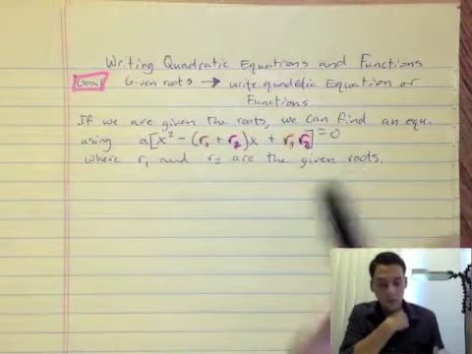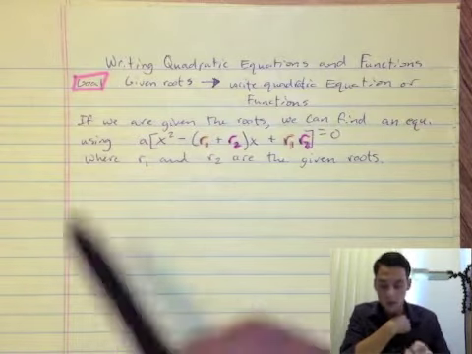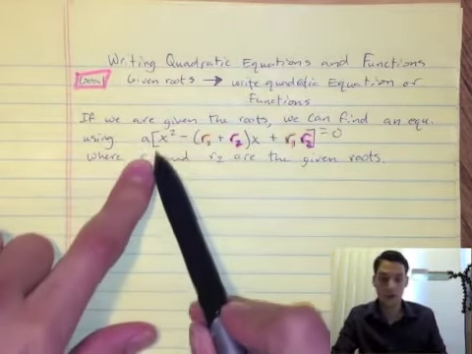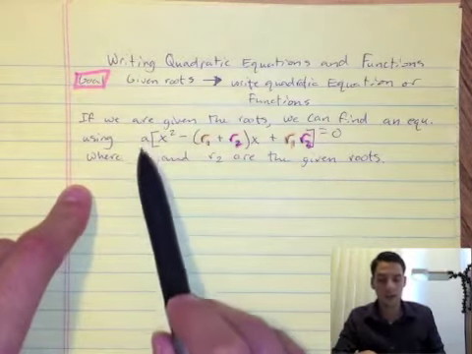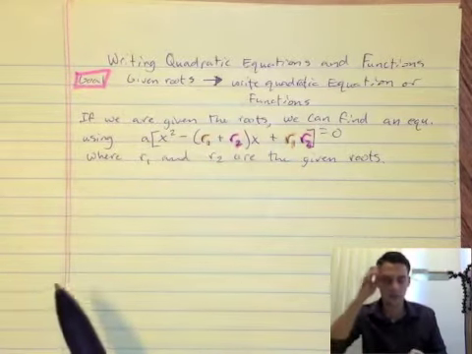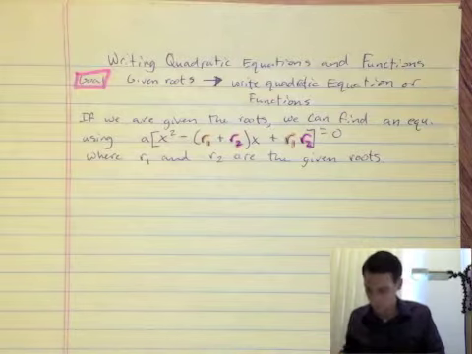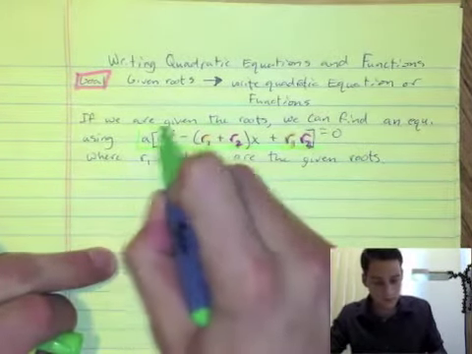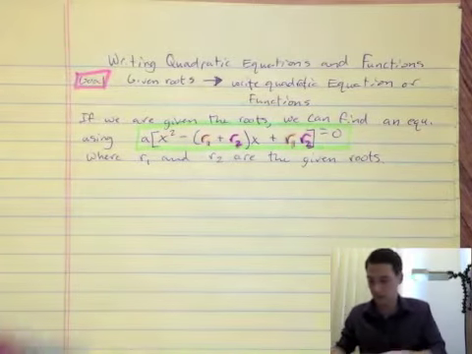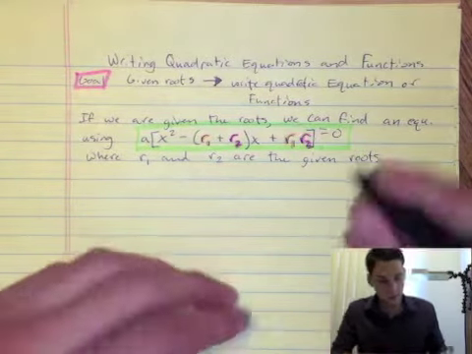If we are given the roots, we can find an equation using this formula where R1 and R2 are the given roots. A will be a constant, x is our variable. I'm going to highlight this in green. You'll need to memorize this. Must memorize.